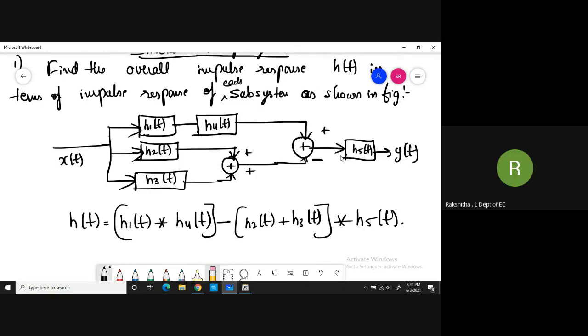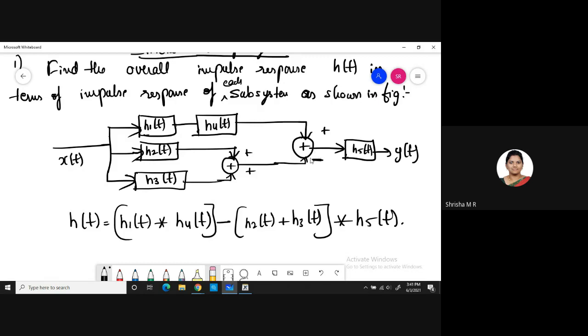Yes, ma'am. So these two are in series. If you have series, you will be writing a convolution symbol between h1 of t and h4 of t. These two are in parallel, so you will be writing a plus or minus symbol, h2 of t plus h3 of t. Now this is in parallel with this, so you'll write plus or minus.